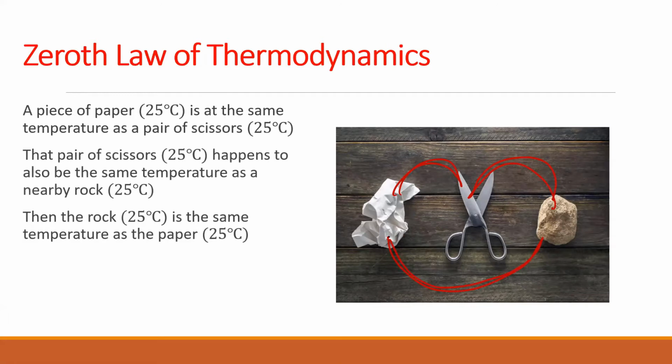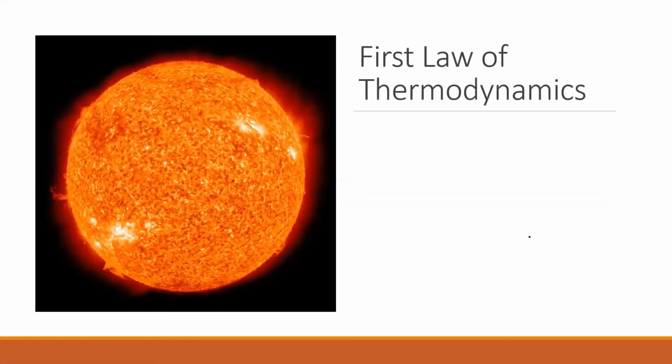I sort of said to you guys, the answer might be a bit duh. Obviously, if this is 25 degrees and this is 25 degrees and this is 25 degrees, then obviously this will also be 25 degrees because they're all linked together. So that's all that law is saying.